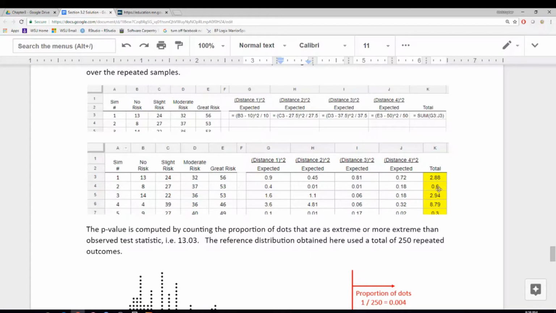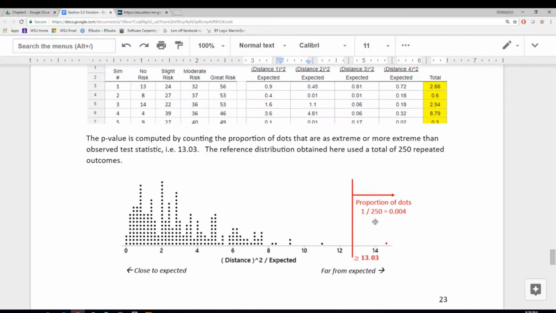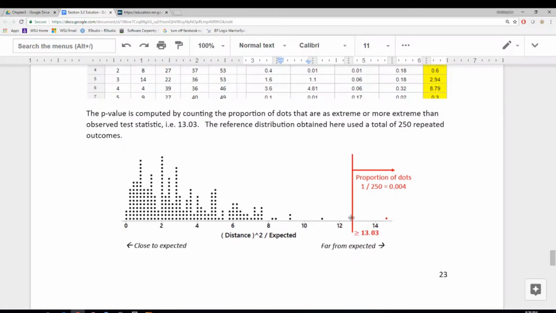Okay, and then I'm just going to plot those values, and that's what I have here. So this reference distribution on the bottom of page 23 is my reference distribution from my simulation model. I'm simply going to identify the proportion of observations that are greater than 13.03. And it looks like I have one.